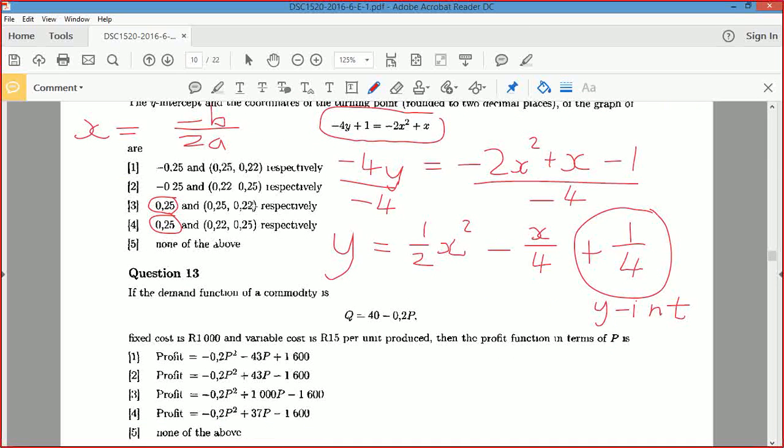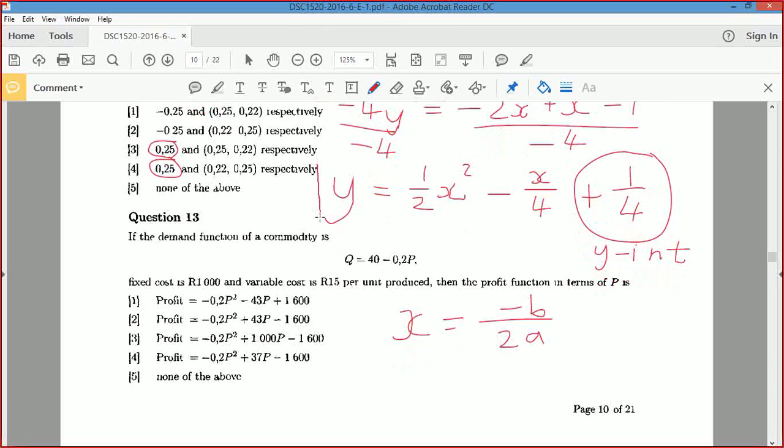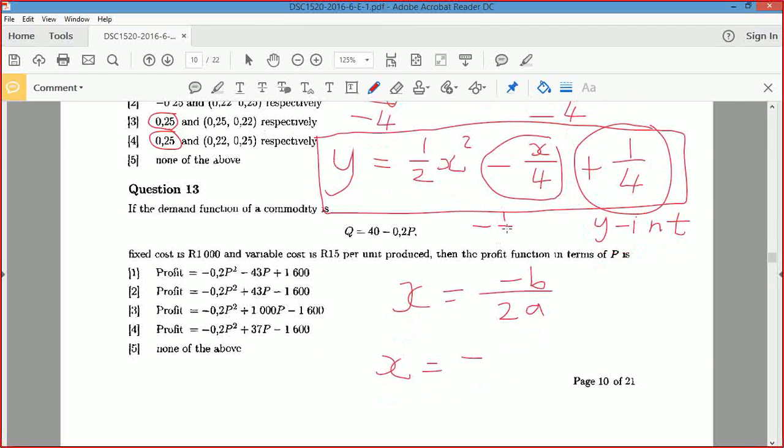What's your minus b here? What is the b? Hold on. It's minus x over 4. So the number in front of x would have been 1 over 4. This can be written like this.